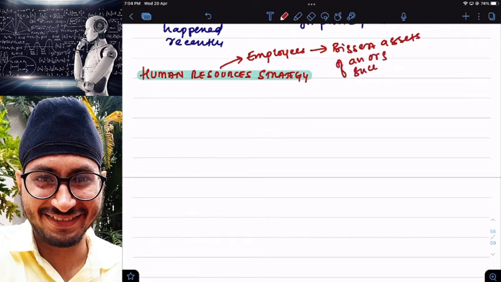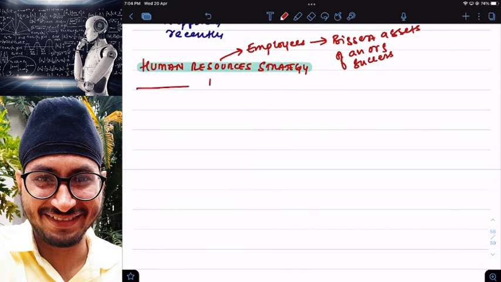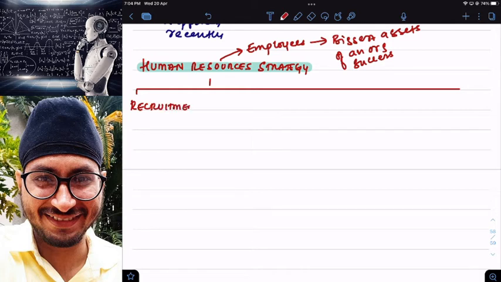Success. If my employees are good, I will taste success. If my employees are not good, my business will be a failure. So in human resource strategy, if I want to be successful, there are 4 points you have to keep in mind. Number one, recruitment and selection.